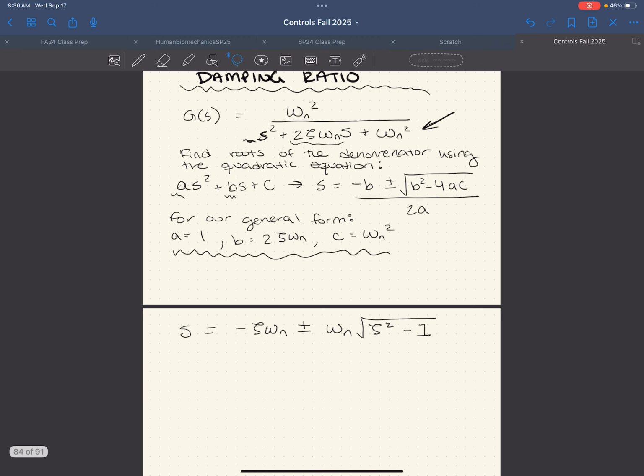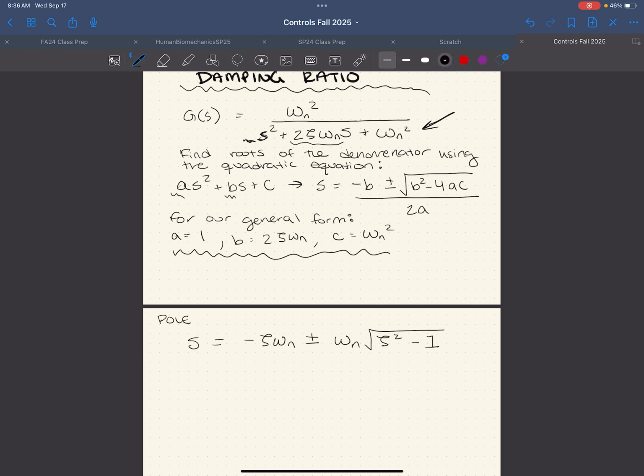So these are going to be the poles of any second order system.